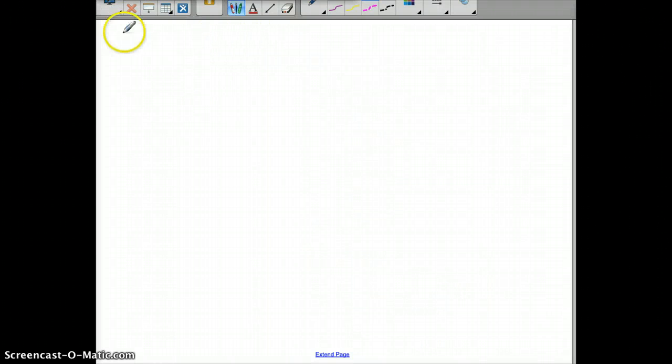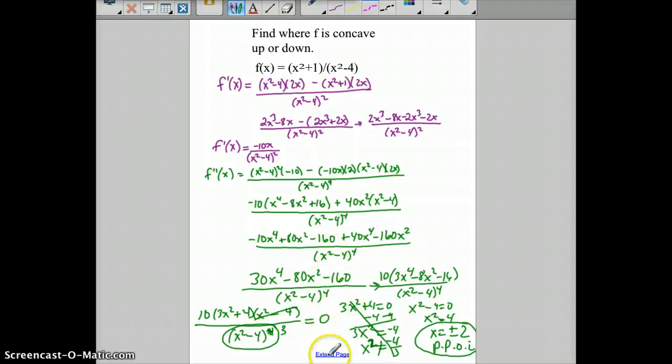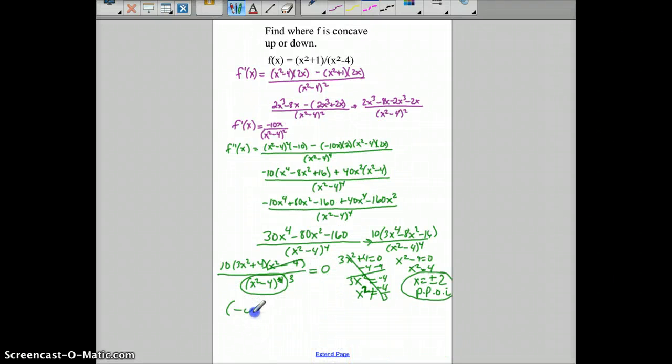So to set up intervals: negative infinity to negative 2, negative 2 to 2, and 2 to infinity. And because we're looking for concavity, we're checking values in the second derivative. So if I put a negative 3 into my second derivative, that's going to be positive everywhere on the top, and positive on the bottom, so everywhere positive.